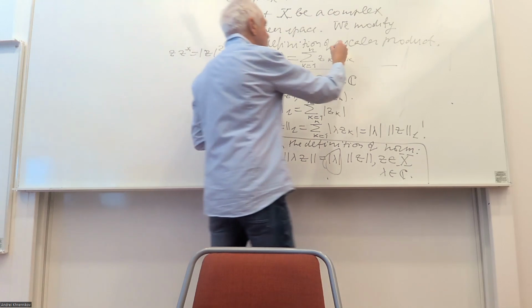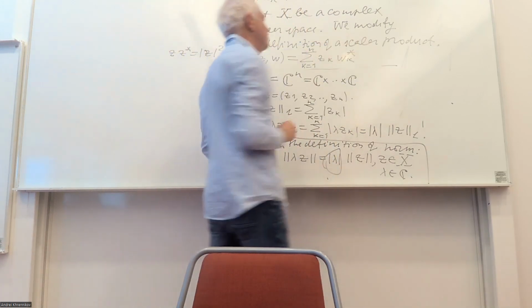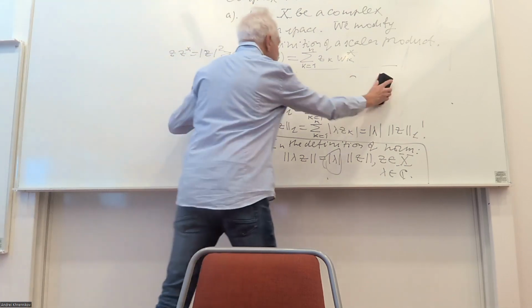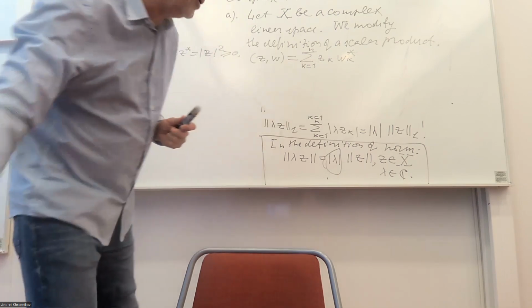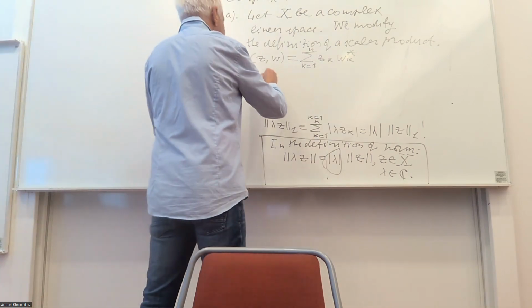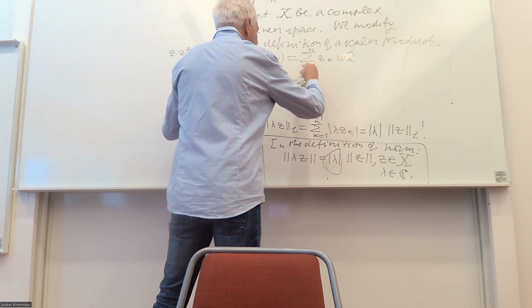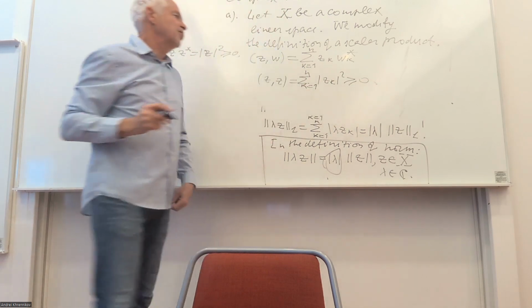So we should put a bar here, the complex conjugate. If you put the complex conjugate here, then z by z is the sum for k from 1 to n of |z_k| squared. So it is non-negative.